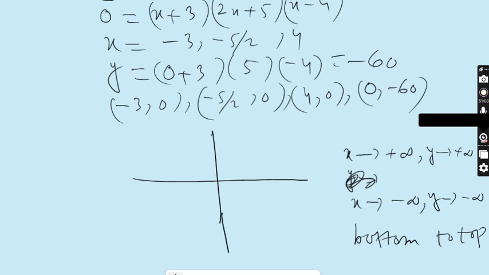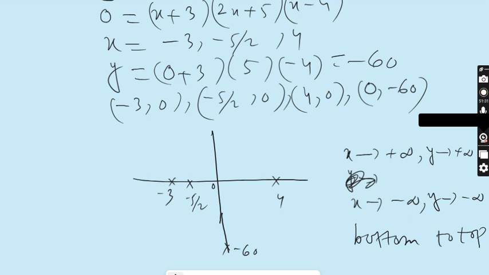So minus 3, 0 and minus 5.2, 0. So this is minus 5.2, and this is minus 3, and this is 4, and this is minus 60, and this one is the origin. So what should be the shape from top to bottom? What does it mean from top to bottom?